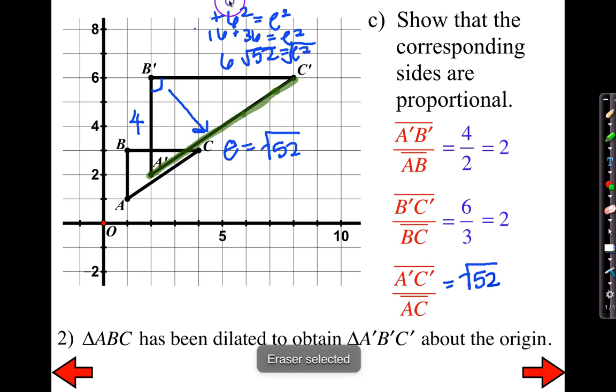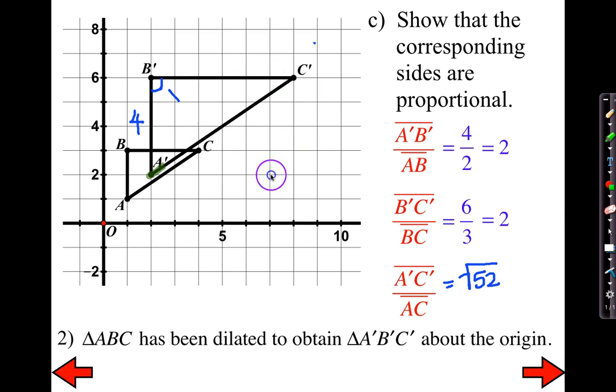Now what I'm going to have to do is find the length of AC. So I'm going to repeat the process, but I'm going to go ahead and find the length of this line segment here. I'm going to still use the Pythagorean theorem because it is a right triangle, as I can see here. The length of this leg is 2. The length of this leg is 3.